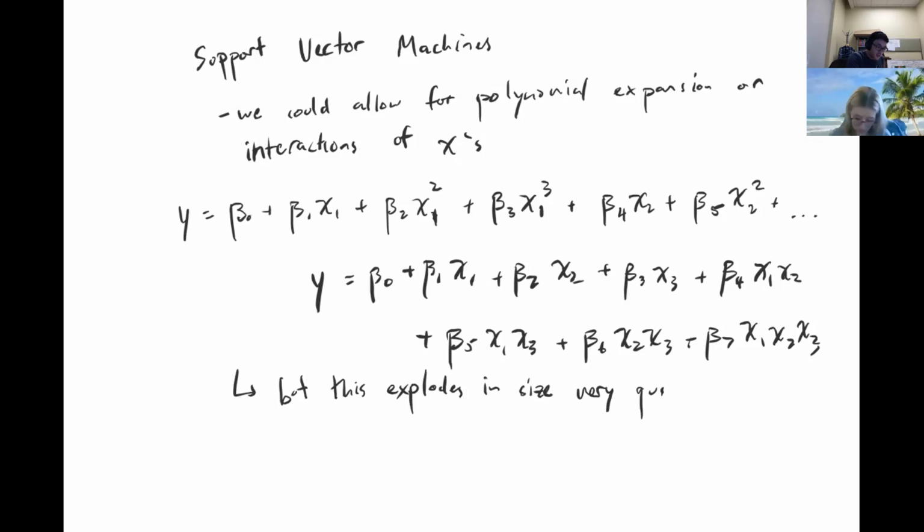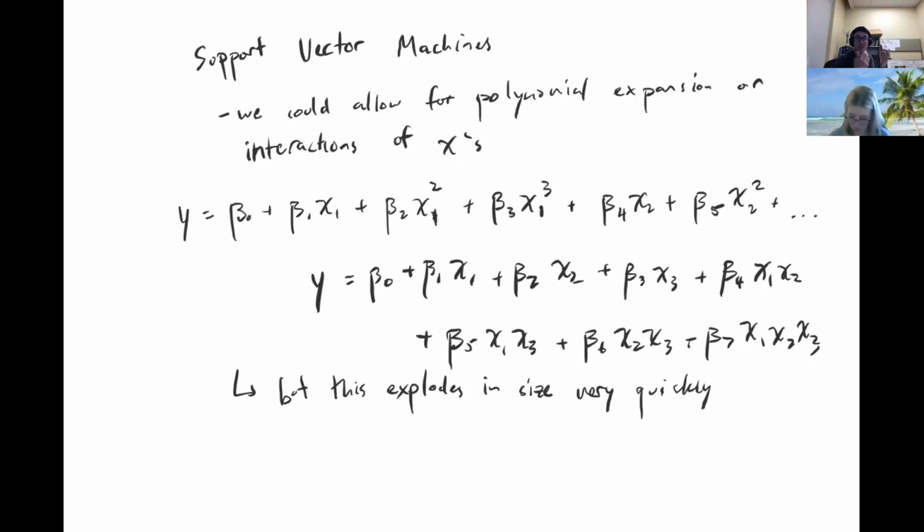So unfortunately, even with a very small number of variables, this rapidly becomes infeasible. We've had this discussion before of how the size of this will grow.